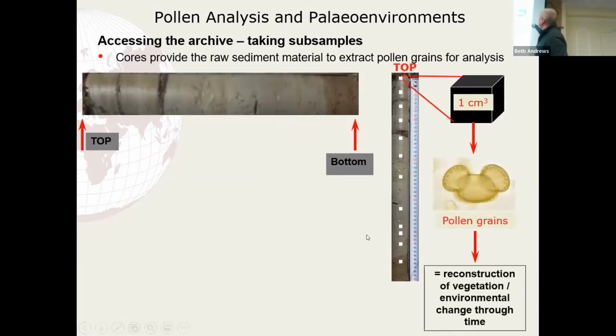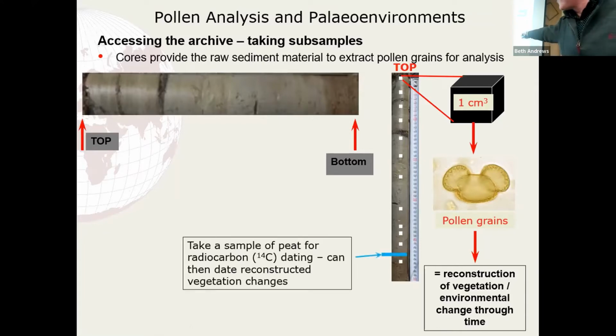Those samples are about 1 cubic centimetre, about the size of your little finger nail. They're put into the lab, all the non-pollen is removed, and you're left with the pollen grains. You count those pollen grains under a microscope, essentially counting all the different pollen grains that you see. And that is your reconstruction of vegetation and environmental change through time.